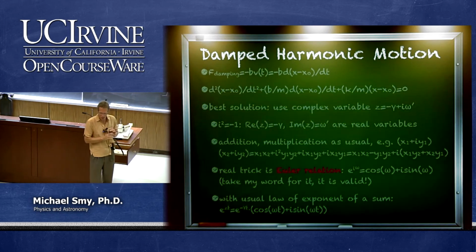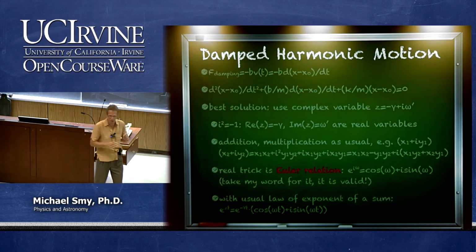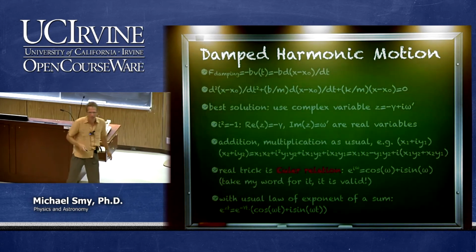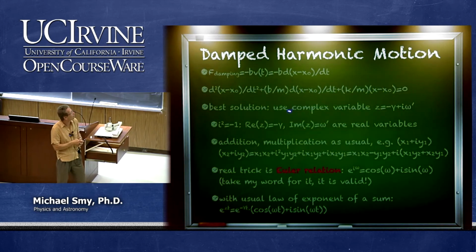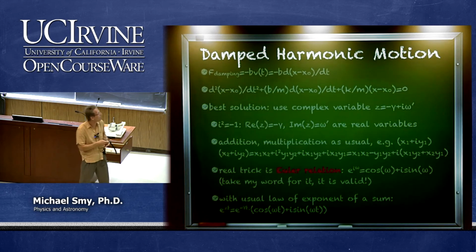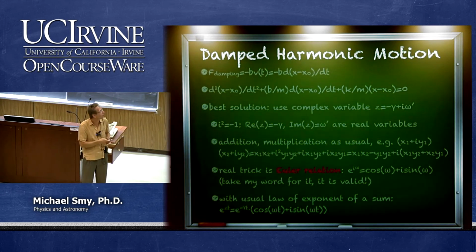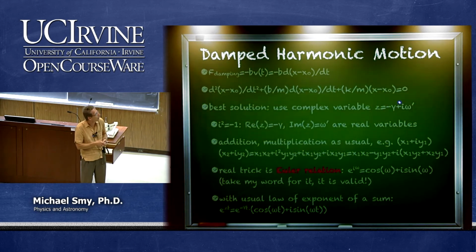So let me make it clear, I don't expect you to be able to do complex variables in the exam or even in the homework problems. So I'm just going to explain it in terms of complex variables, because complex variables, even though they sound complicated, are actually not all that complicated. So the idea of a complex variable is that we have a part that is real and a part that is imaginary.